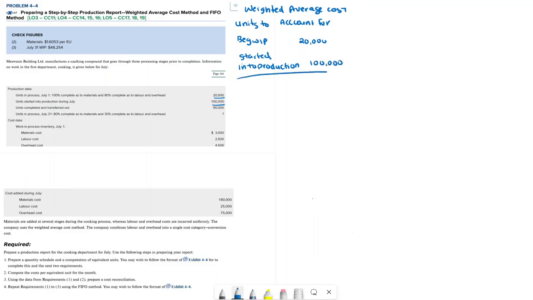If I add them together, it's called total units to account for, and it is 120,000. And then we have the total units accounted for.